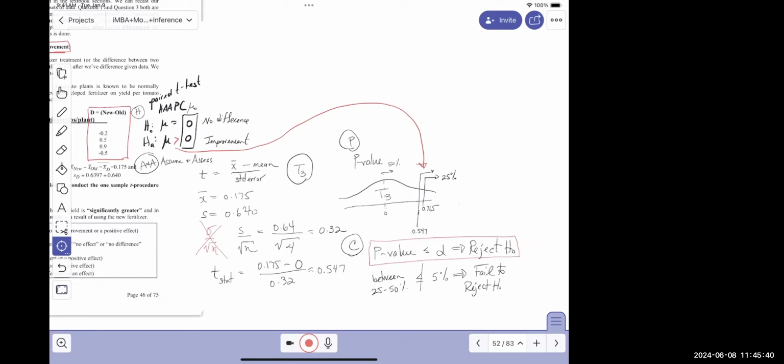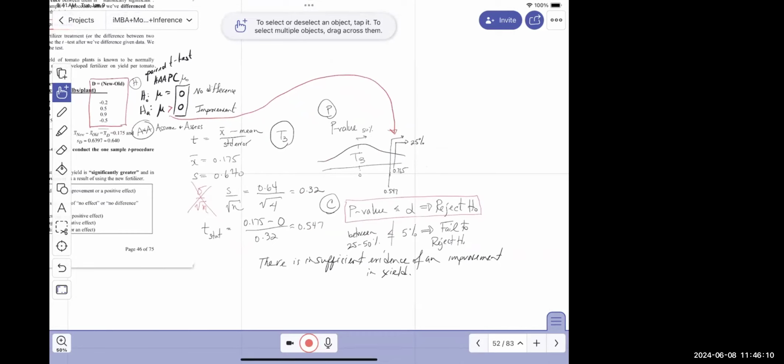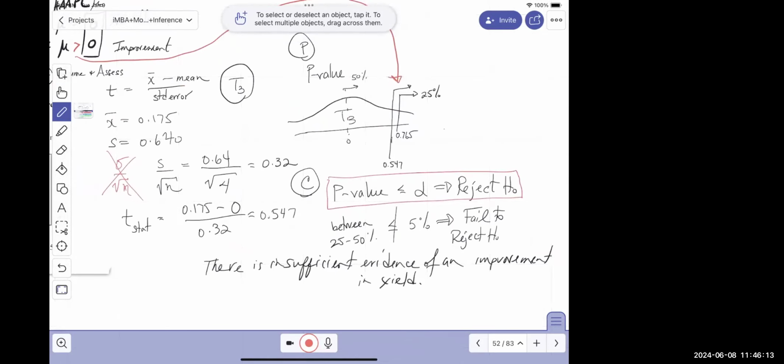We have not found a difference. So there's no difference. Very good. We failed to reject. We retain the null hypothesis. So there's insufficient evidence of an improvement in yield. So the test is not significant.